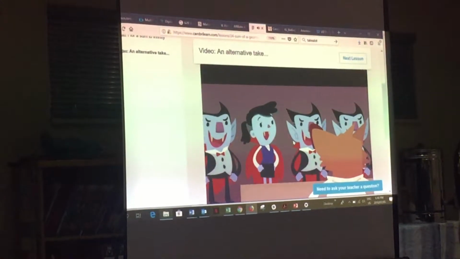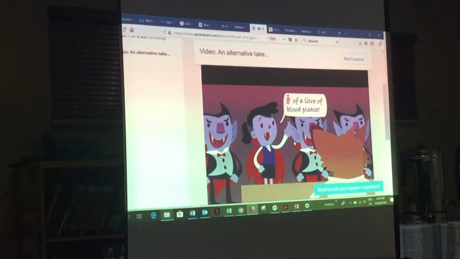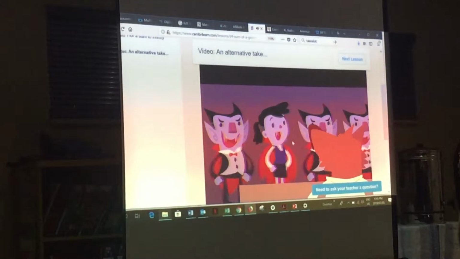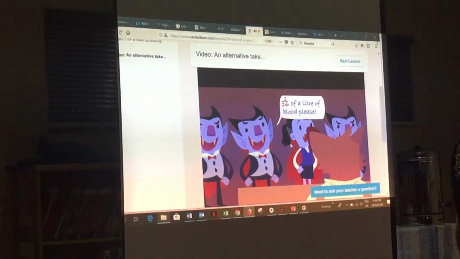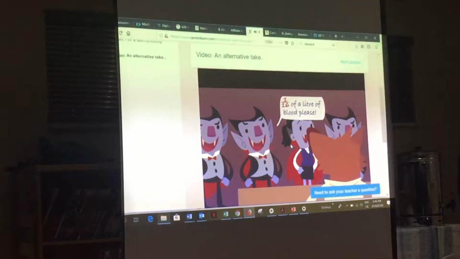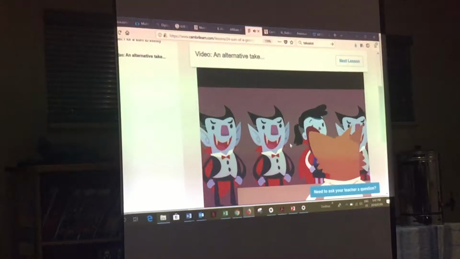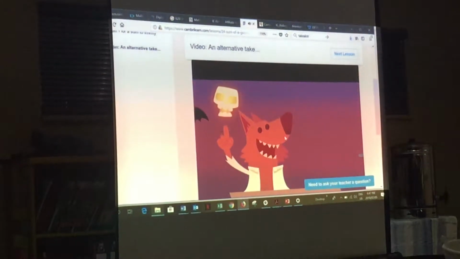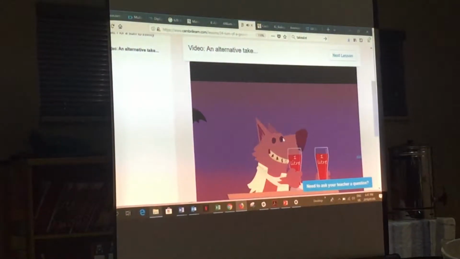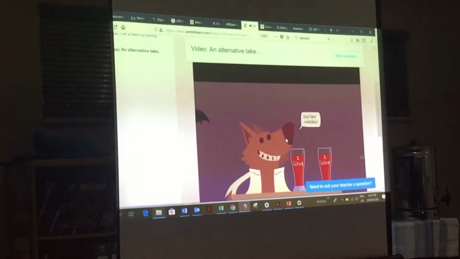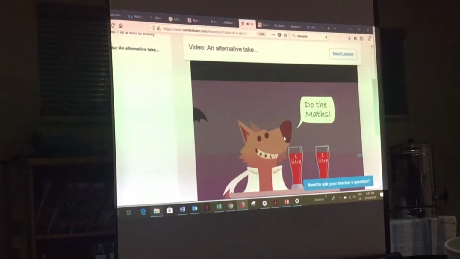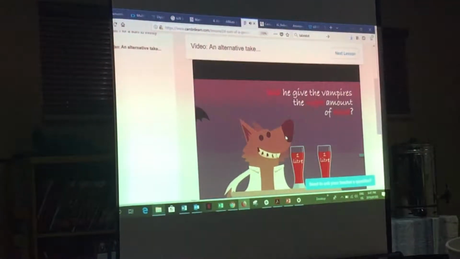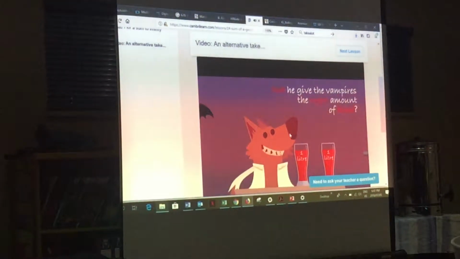The fourth vampire says she wants 1/8 of a liter of blood. The fifth vampire says he wants 1/16 of a liter of blood. And so it continues. The werewolf behind the bar sees the pattern of the vampires. He hands the first vampire 2 liters of blood and tells her to sort out the rest of the vampires. The vampires are out of blood.